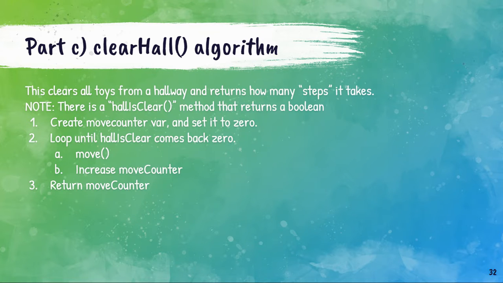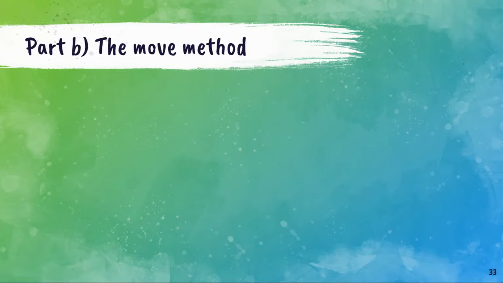I'm going to loop until haul is cleared comes back true. And inside that loop, I'm going to move, I'm going to increment my counter, and then when I'm done with the loop, I'll return my move counter, and that should be it. So not super complicated.